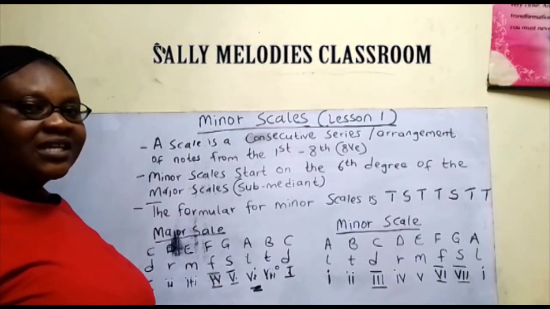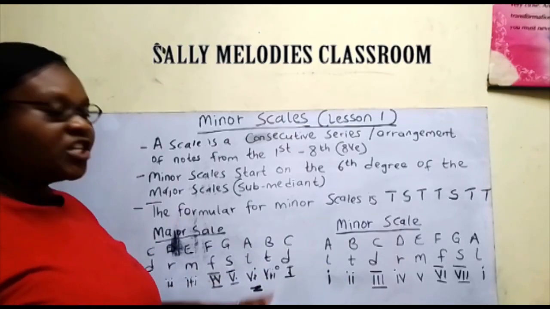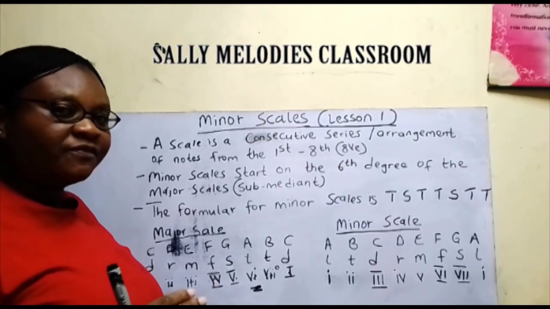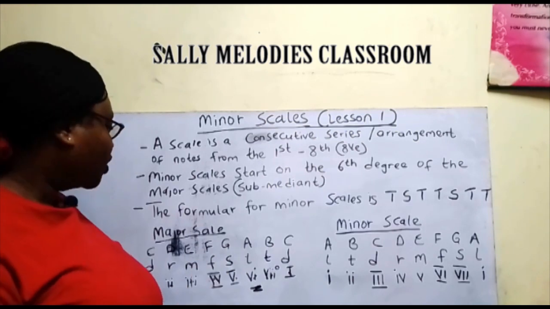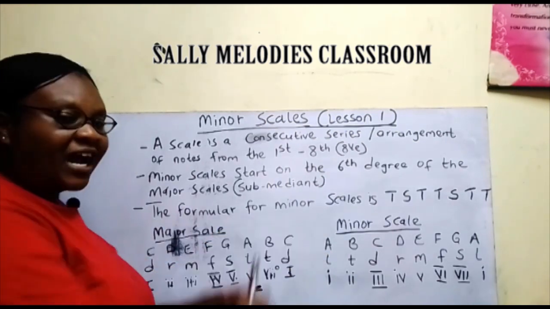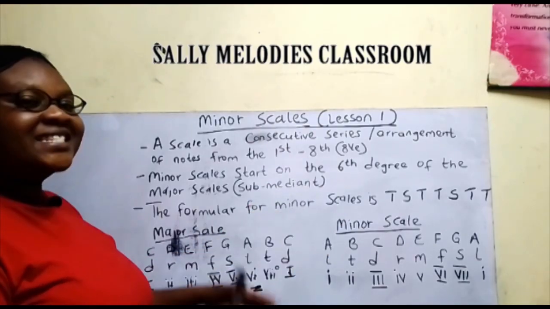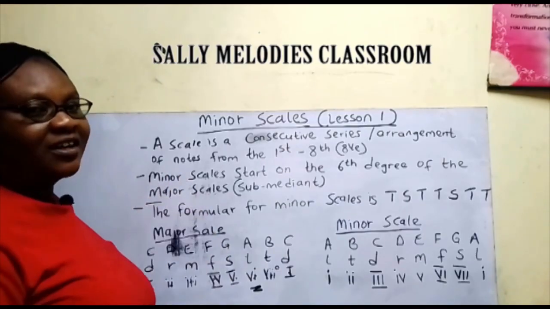The major scales relate directly to the minor scales. And that is why in the future, we are going to see the relative minor scales of the major ones. So in this case, we already have an example. The A minor scale is the relative of C major.